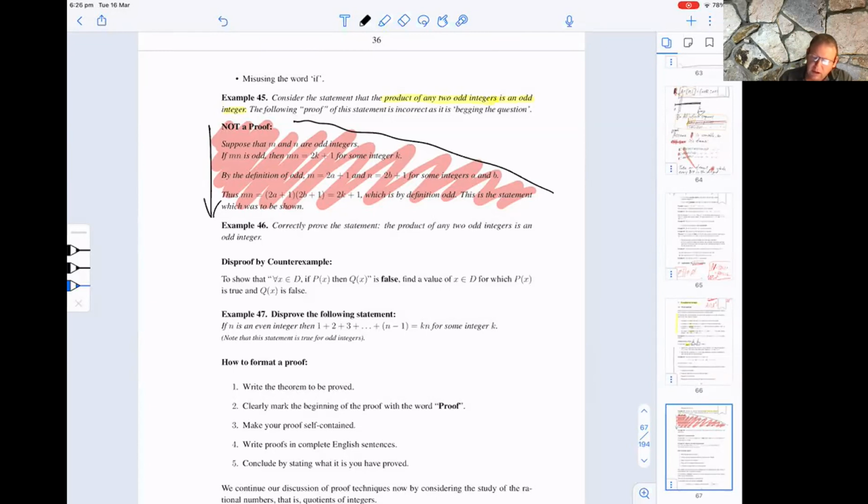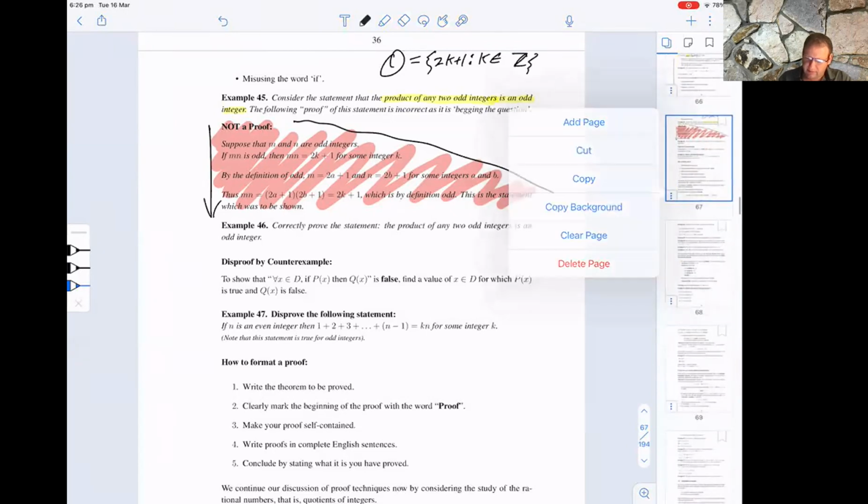Okay, so the odd numbers, let's call O the set of odds, are all of the numbers of the form 2k plus 1, where k is an integer. Let me add another page here.